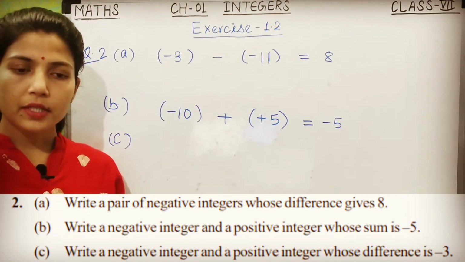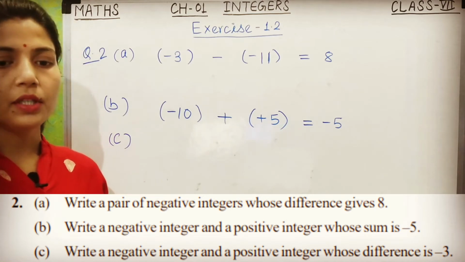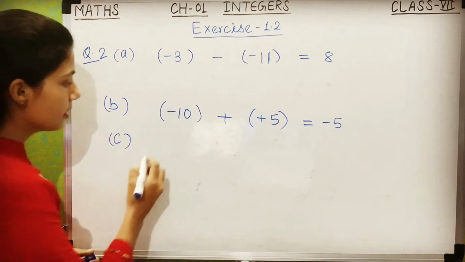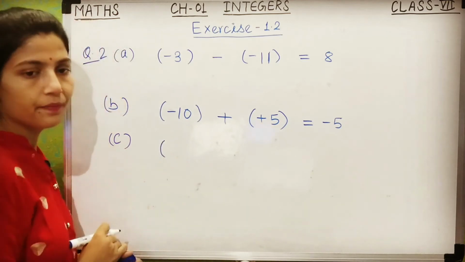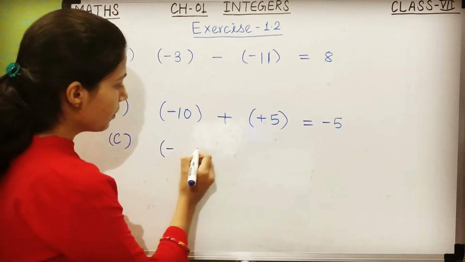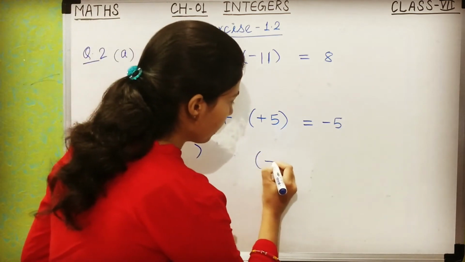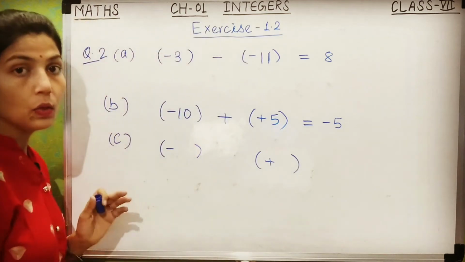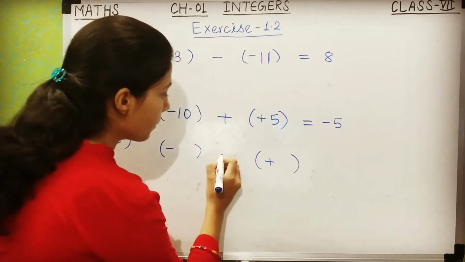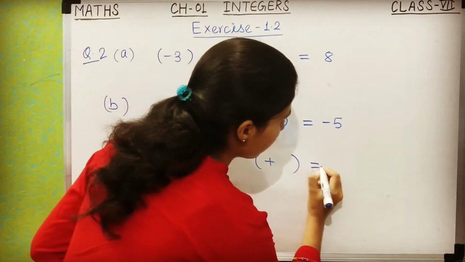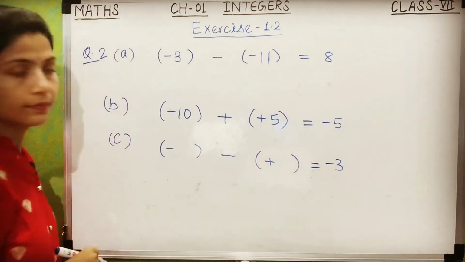Write a negative integer and positive integer whose difference is -3. So here the statement is write a negative integer means first is negative integer, and second one is positive integer, and whose difference means there will be subtraction between these two integers and the result is -3.